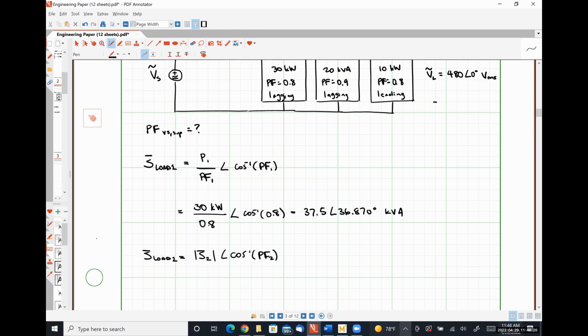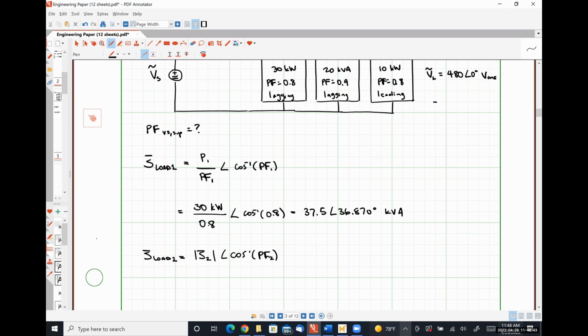And whenever theta S is negative, we have a leading power factor. So what this lagging or leading in the description tells us is whether or not to put a plus sign or a minus sign in front of our inverse cosine function. Because the inverse cosine function is only going to return a positive angle.